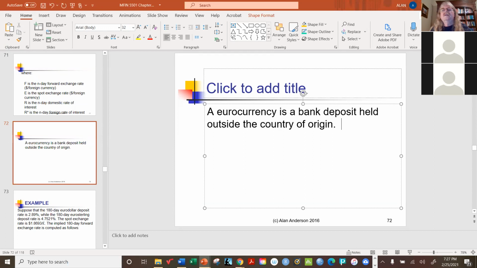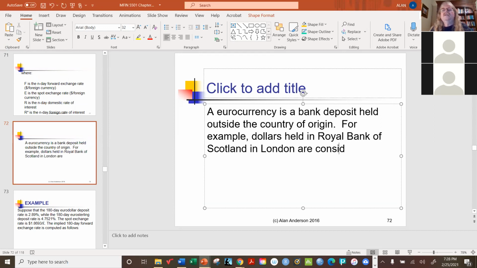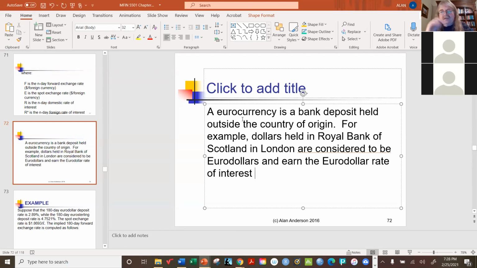So, for example, dollars held in Royal Bank of Scotland in London are considered to be euro dollars and earn the euro dollar rate of interest, which until recently, until I guess for another year or so, would be the LIBOR rate, the dollar LIBOR rate.